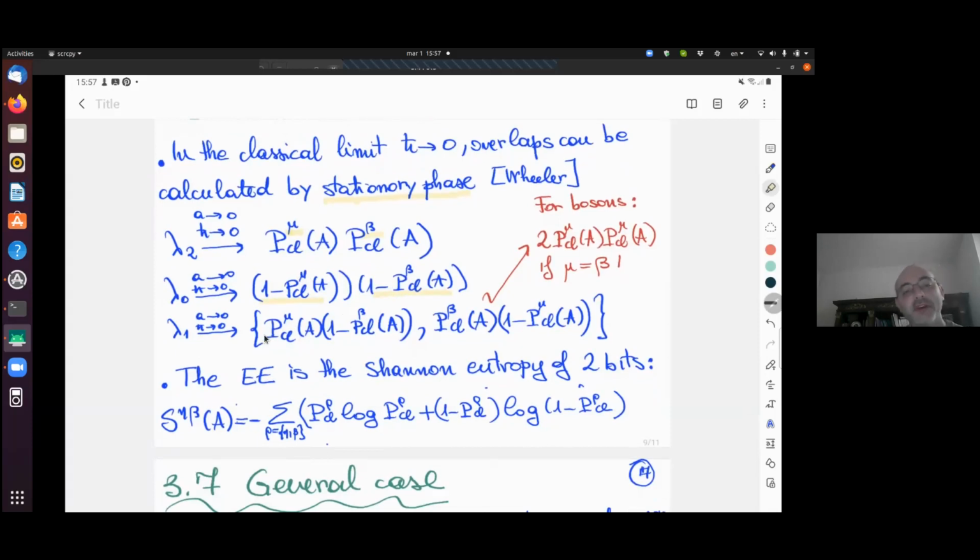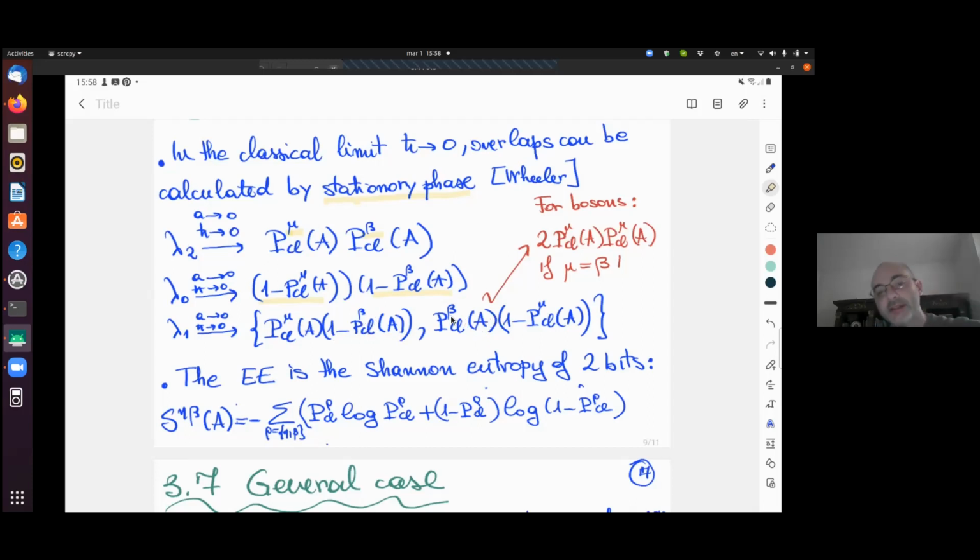And the probability to find one particle within region A, one fermion, is basically given by, in fact, the spectrum of the reduced density matrix in the one particle sector, which contains just two terms with obvious interpretation. One is the probability to find the particle with quantum number mu within region A and not the particle with quantum number beta.